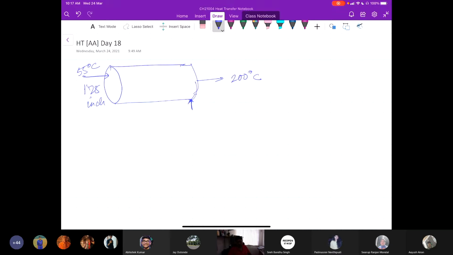Let's convert this: we have 350 watt coming in, or it is there on the surface. The fluid is water.